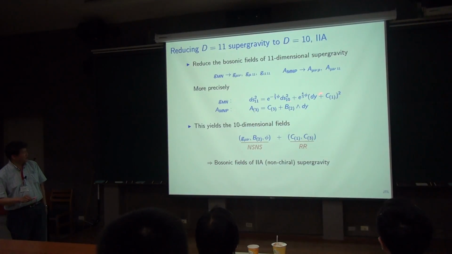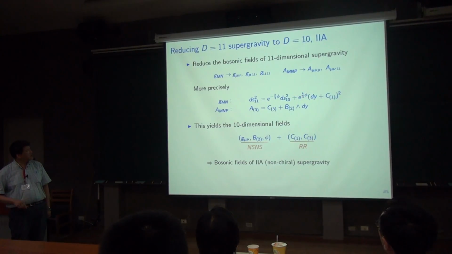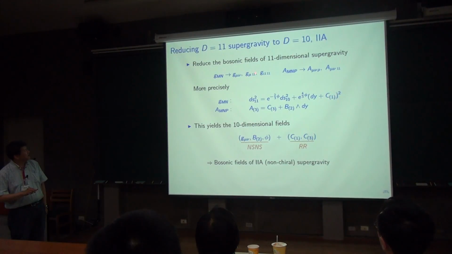There's a reason these factors are chosen as they are, but nevertheless, the point is G11, 11 is basically giving you phi. And then if I actually expand this out over here, that's a one-form C, which is basically a vector field. And this C1 over here is basically a form way of writing G mu 11.